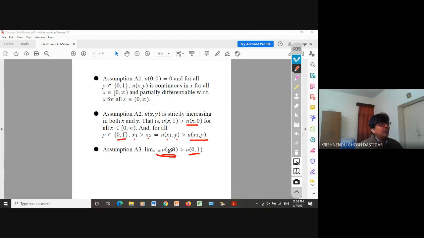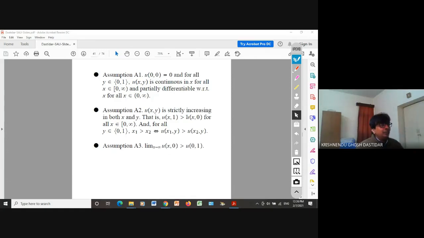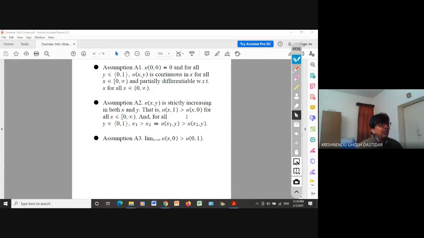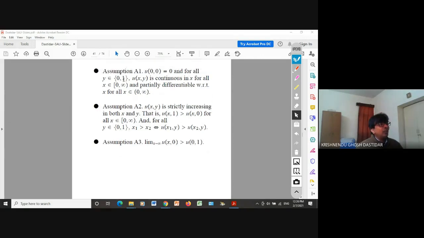If you consume more and more of x, your utility will increase, and at some point it will cross this. That's the idea. So with these three very standard assumptions, I will now try to figure out the value for Y. That is, what is the maximum price the person is willing to pay for Y. This will come out of his utility maximization exercise subject to the budget constraint.